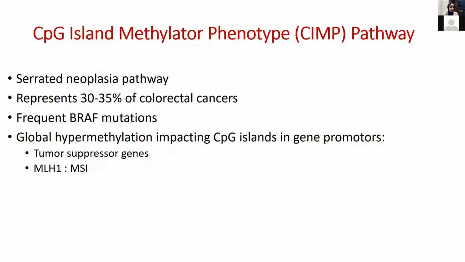Most commonly, it will impact tumor suppressor genes. If it doesn't impact any of the MMR proteins, this phenotype will be microsatellite stable. But if it does impact one of the mismatch repair proteins, most commonly MLH1 in this context, this will lead to microsatellite instability. So there's an overlap, as we mentioned, between the MSI and CIMP pathways.